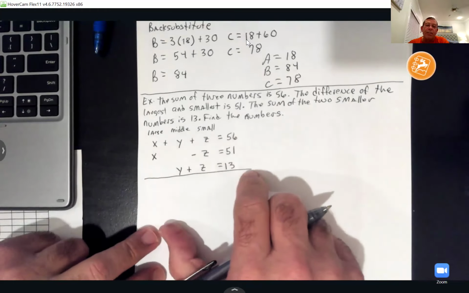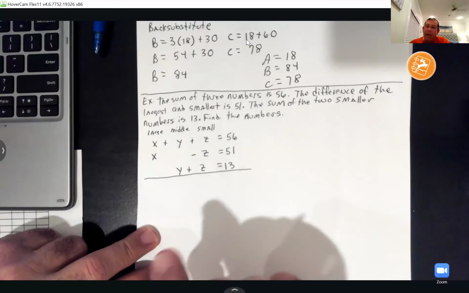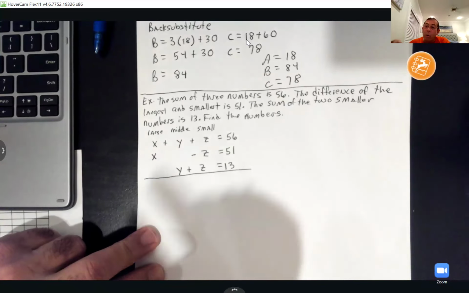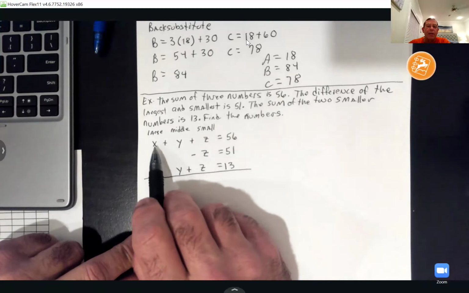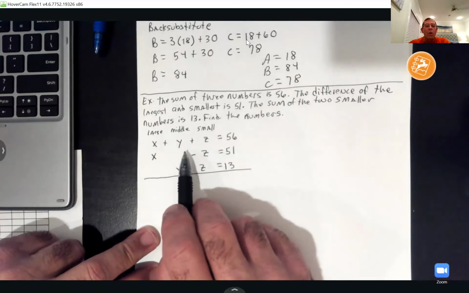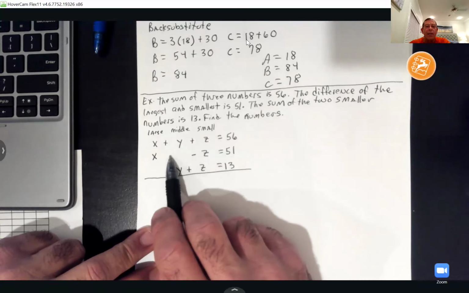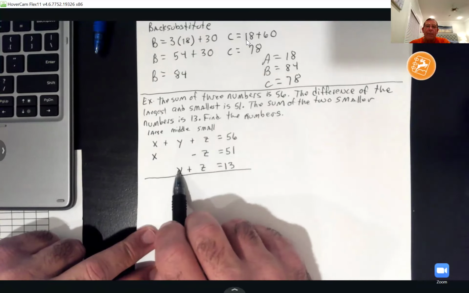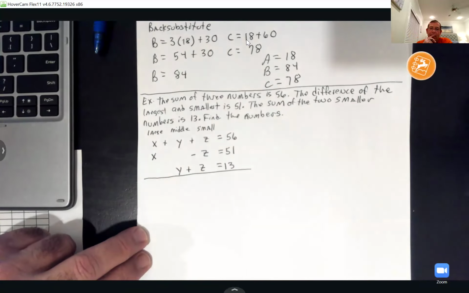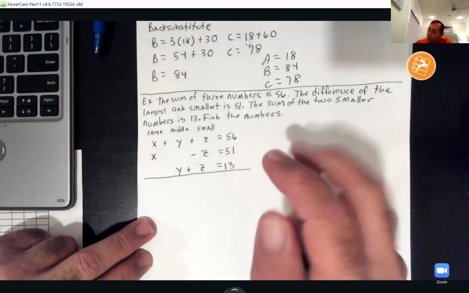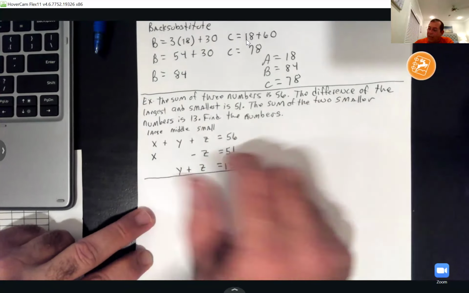Now, I'm not working this in by hand, but I'm going to do it on calculator. But if I was working it by hand, since there's no X here, I would either get rid of these X's, or since this one don't have a Y in it, get rid of the Y's. Either way, it'll work out just like the one I did with the triangle, okay? So we're going to solve this on the calculator.